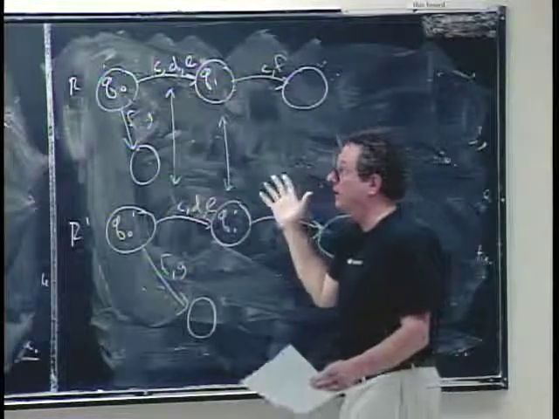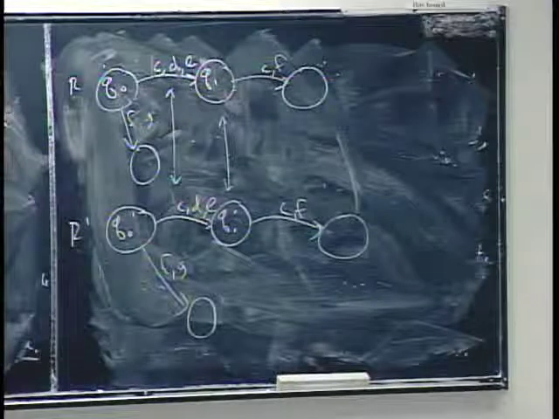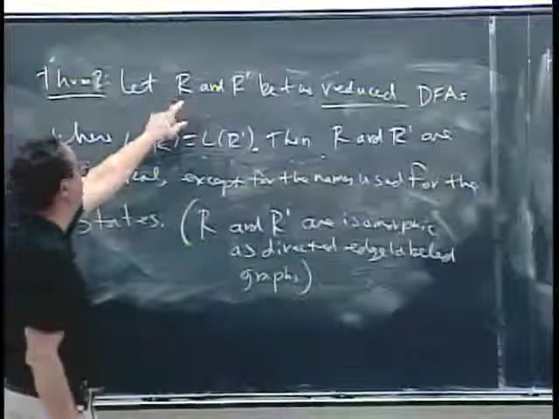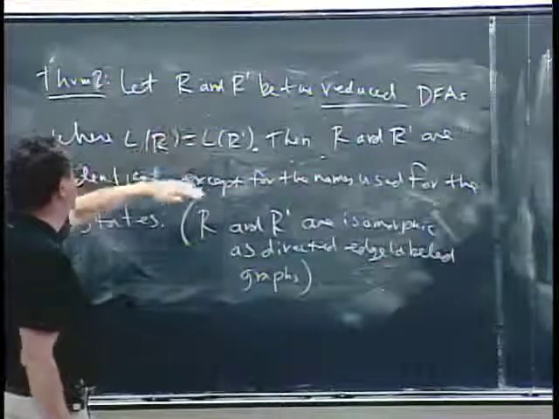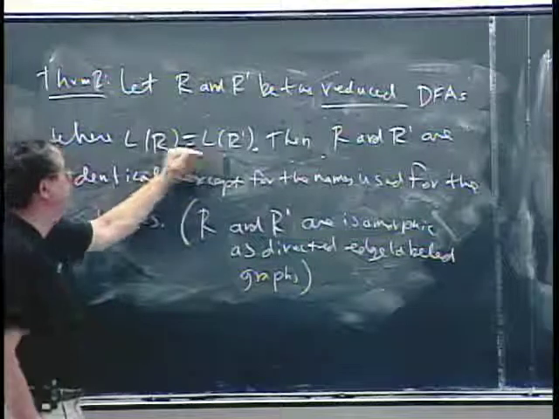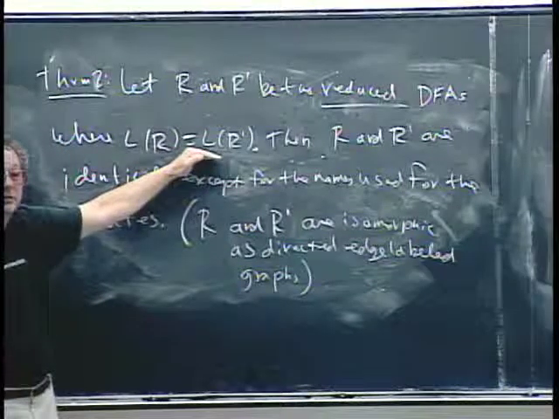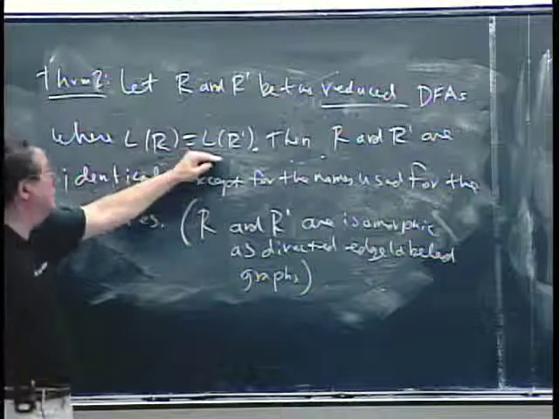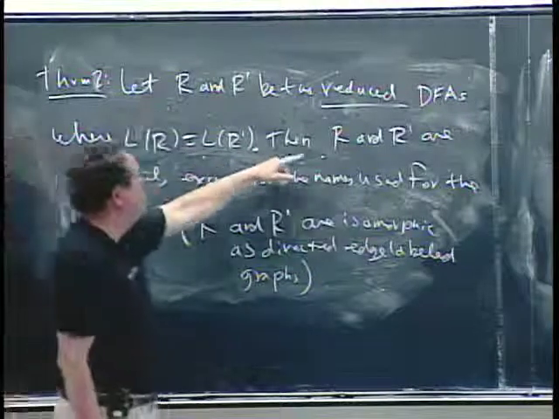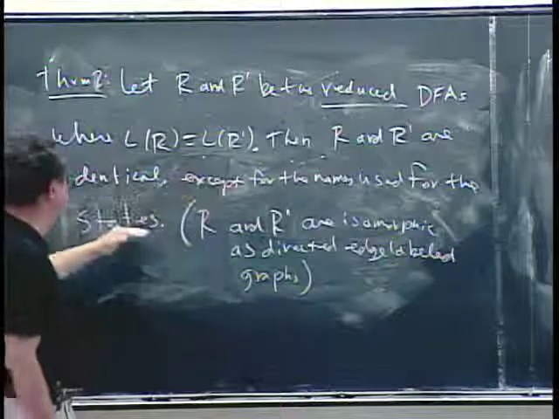And that's it. That is the proof that if you have two reduced DFAs, R and R prime, that accept the same language, we needed the fact that they accept the same language to prove that Q0 and Q0 prime are indistinguishable states. Then R and R prime are identical, except for the naming of the states.